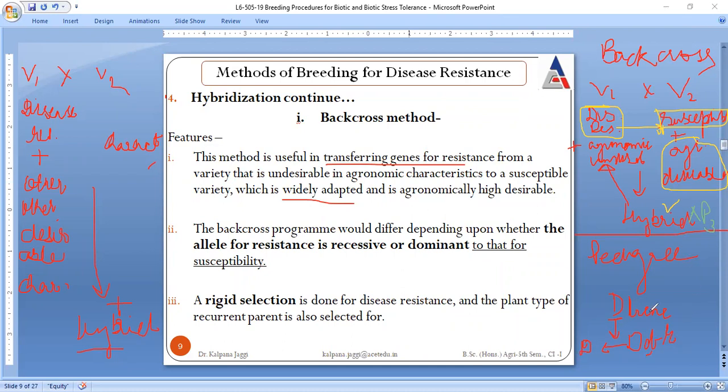Now you are to perform the backcross. You are not to cross it with the other parent, you are to cross it with the backcross parent only. And the parent is also clear: we proceed with the disease resistant parent only.